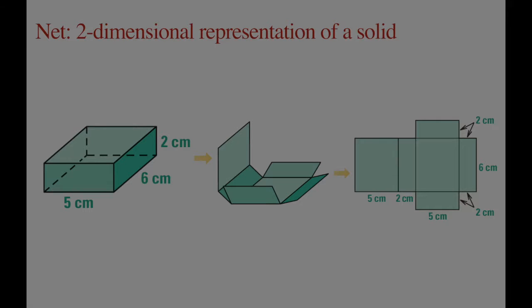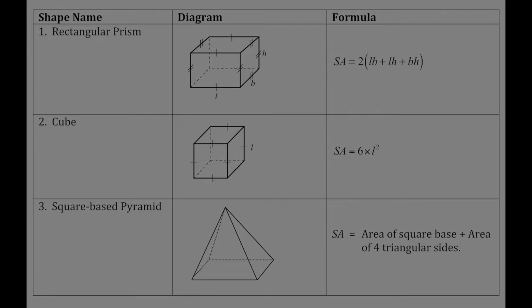You don't have to fold it out and write it as a net to be able to find the surface area. So here are some of our formulas. These formulas are quick ways to find the surface area of a rectangular prism. A quick way to find the area of each of the 6 sides of the cube: there's 6 lots of the side length squared. Often I don't use 6 times L squared, because L's often look like 1.